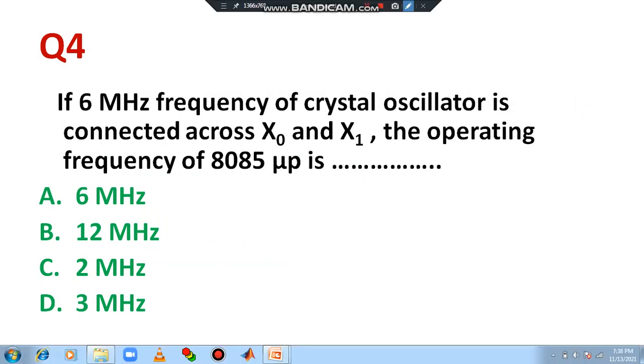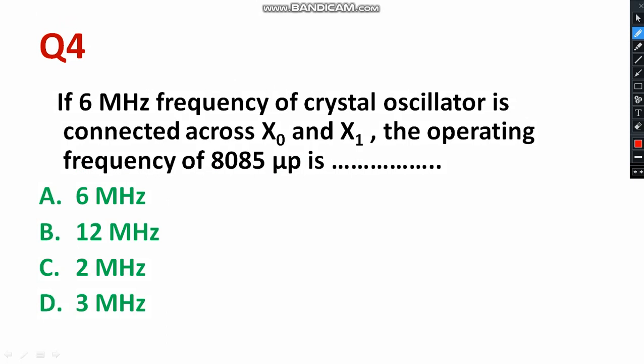Question number 4. If a 6 MHz frequency oscillator is connected across X0 and X1, the operating frequency of the 8085 microprocessor is dash. Actually, when it comes to this kind of problem, a 6 MHz crystal oscillator is connected between X0 and X1, and that will be connected to the 8085 microprocessor.